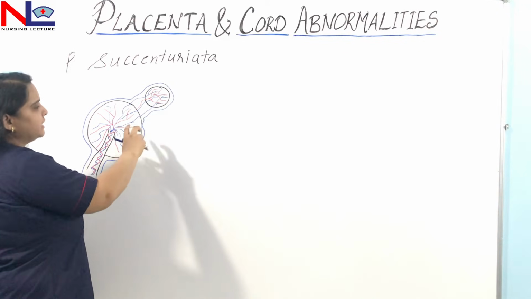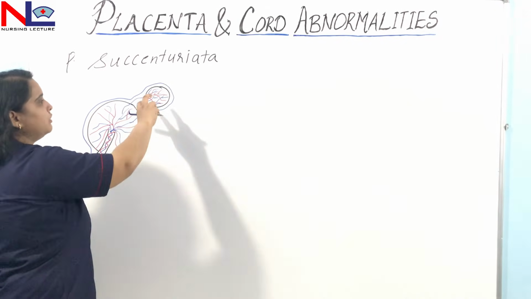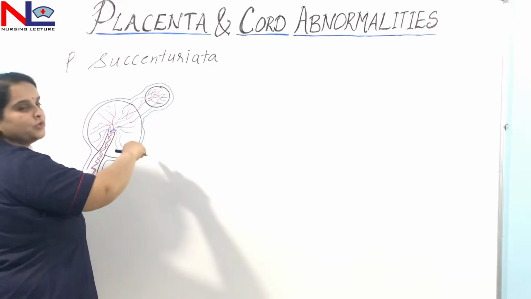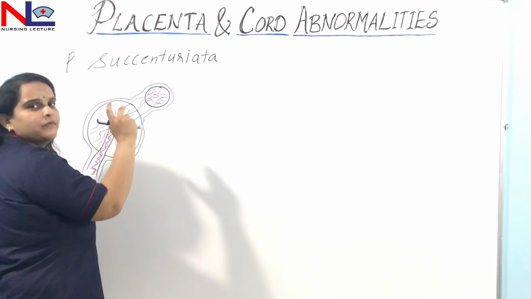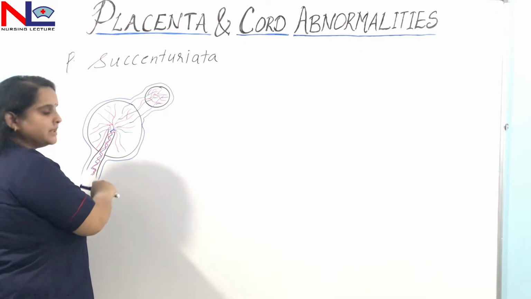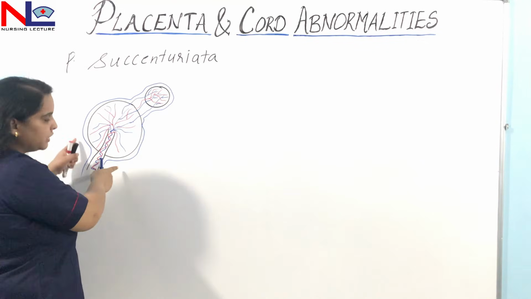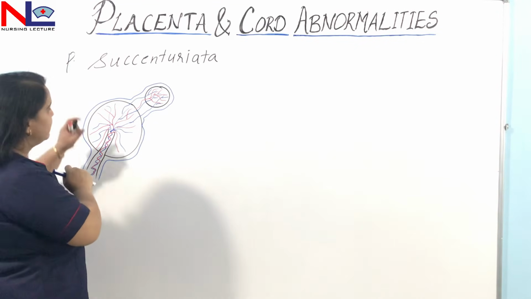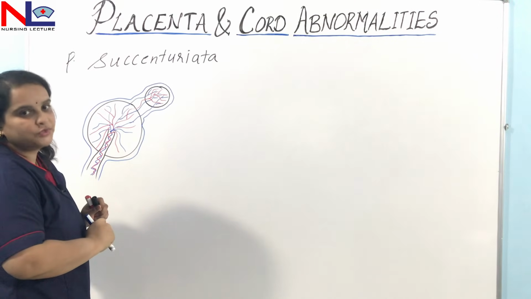So there is an extra lobe or cotyledon lying away from the main portion, but connected by some vessels and covered by the same fetal membrane which covers the main portion of the placenta. This is called placenta succenturiata.